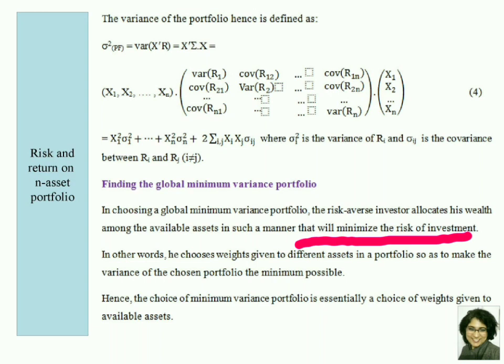So in other words, he or she will choose the weights given to different assets in a portfolio so as to make the variance of the chosen portfolio the minimum possible. Therefore, the choice of the minimum variance portfolio is basically a choice of weights given to the available assets.